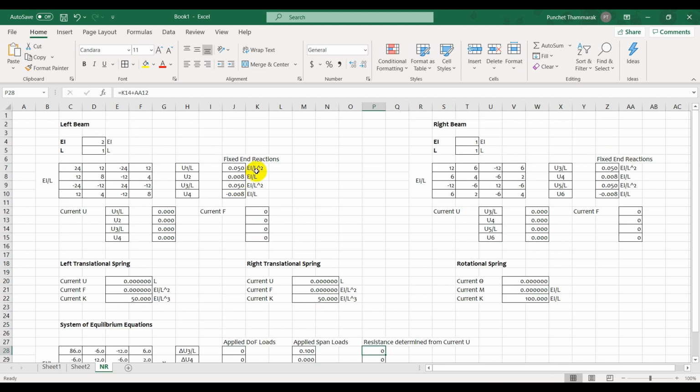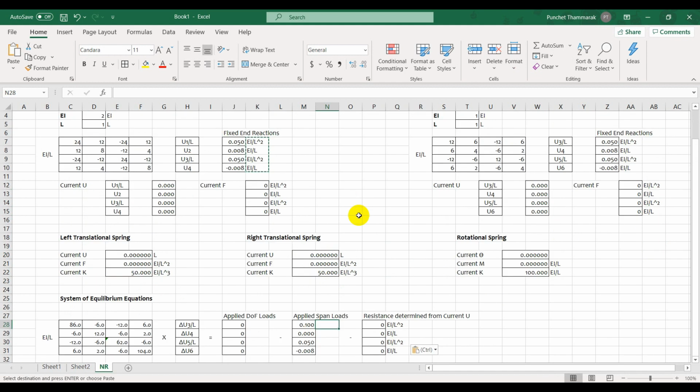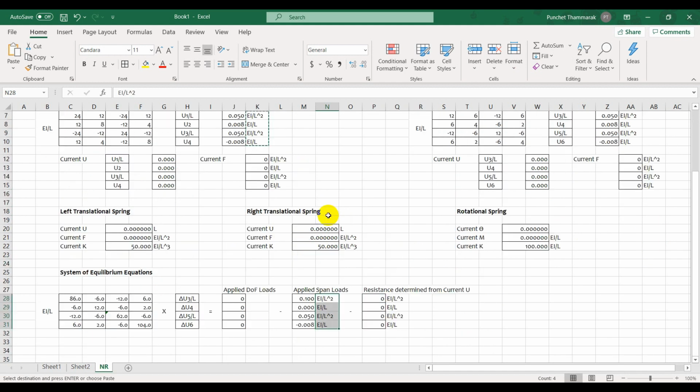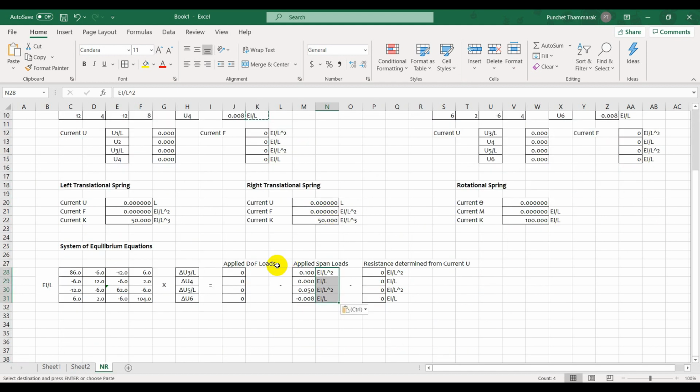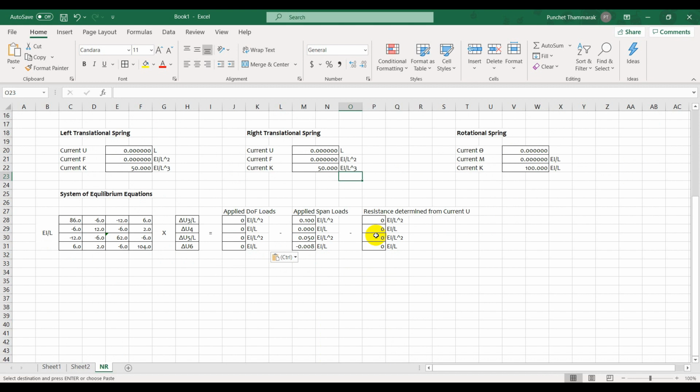Let me just, current force is like this. Apply fixed span load. Okay. And what else?